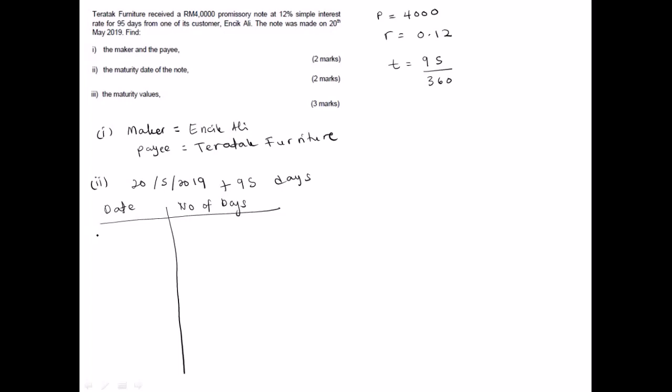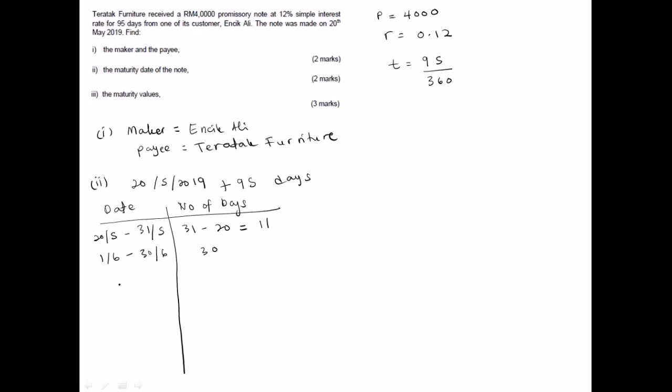Starting from May. There are 31 days in May. So 31 minus 20, 11 days. And then June, we have 30 days in June, so 30.